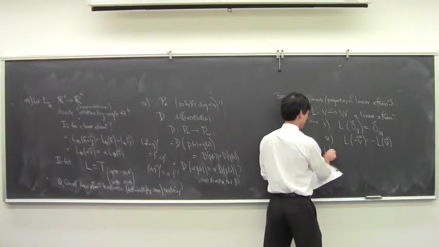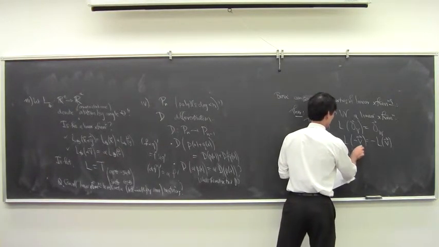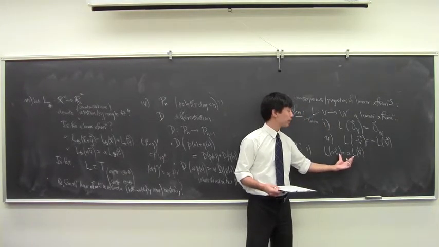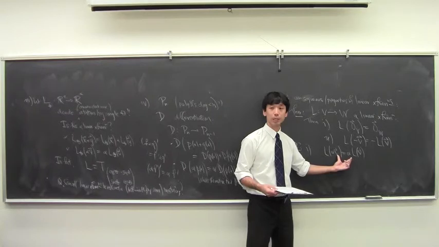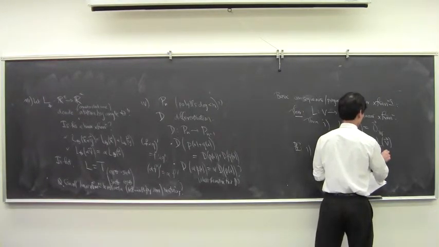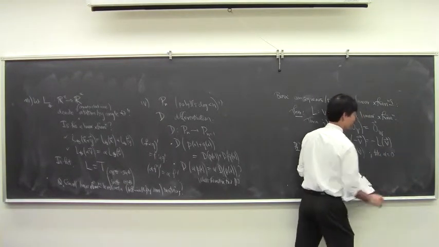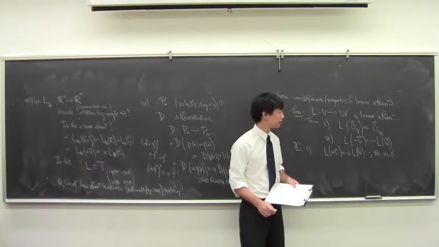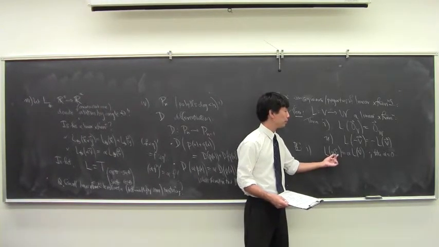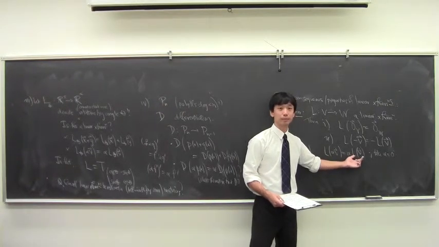Say, well, look, L of alpha v: we know that L commutes with the scalar multiplication, and then take alpha to be 0, the number 0. Then that gives us L of 0 in the V space is 0 in the W space.